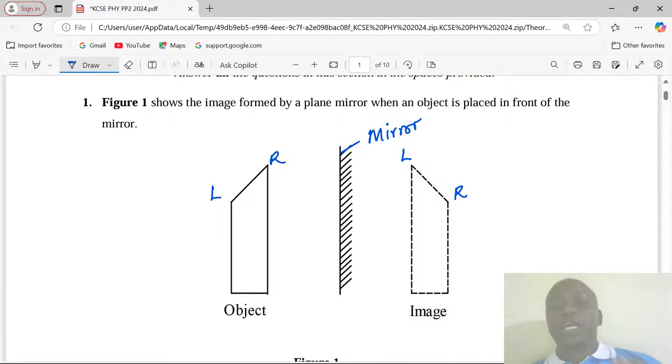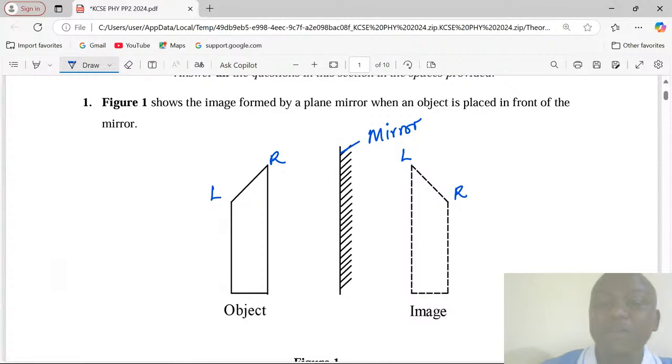Actually, even yourself, when you stand in front of a plane mirror, you discover that if you raise your right hand, the image in the mirror raises the left hand. If you raise the left, it raises the right, meaning that there is lateral inversion.